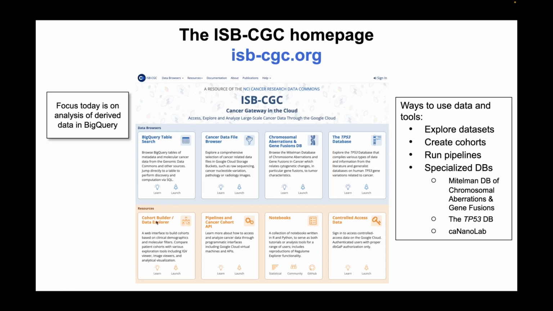And then we have a couple of resources and tools at the bottom here. We have a cohort builder that we're currently actively trying to improve. We have some links to pipelines and cancer cohort APIs for more programmatically minded users. We have a big collection of notebooks that illustrate how to do an analysis and give you the code bits to jump in and adapt to your own needs.